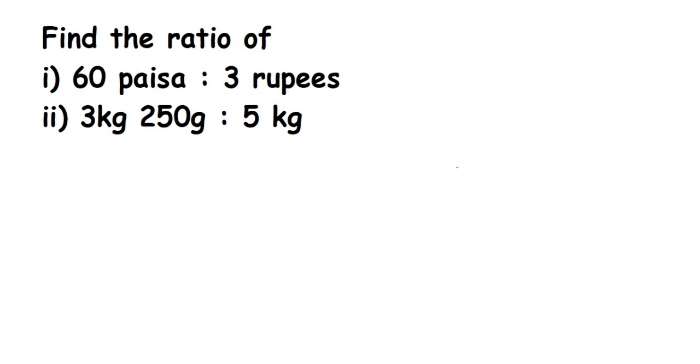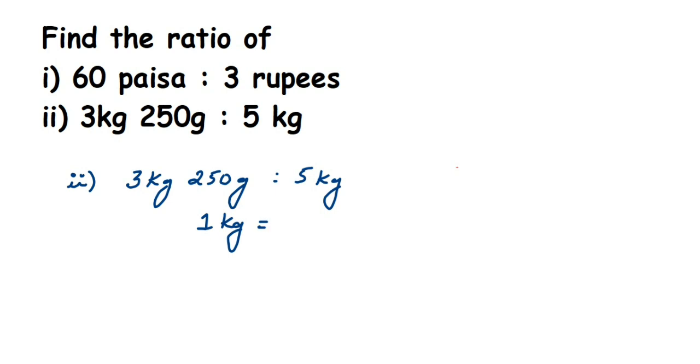Now in the second one we have 3 kg 250 gram is to 5 kg. Like I mentioned before, I'm going to convert everything into grams, because converting grams into kg means you have to divide, and you will get the answer in decimal. I want to avoid that. So we know that 1 kg is equal to 1000 grams, so 3 kg will be 3 into 1000, which is 3000 grams.